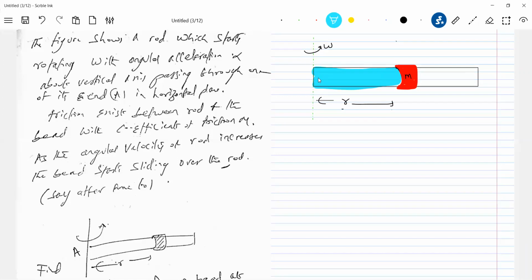All of you read the question, then immediately go for what are the things that are going to act here. Here you can take help of G also. The diagram shows a rod which starts rotating with constant angular acceleration alpha about a vertical axis passing through one of its end A, in the horizontal plane. Friction exists between the rod and the bead. This is rough.